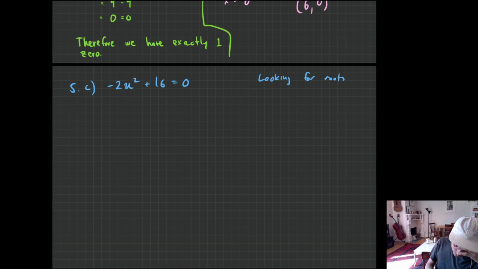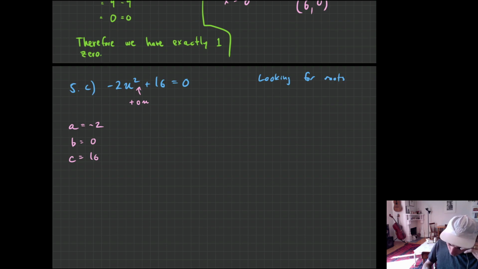In this case, keep in mind that there's an invisible plus 0u here. Don't forget about that. So a is equal to negative 2, b is equal to 0, and c is equal to 16.